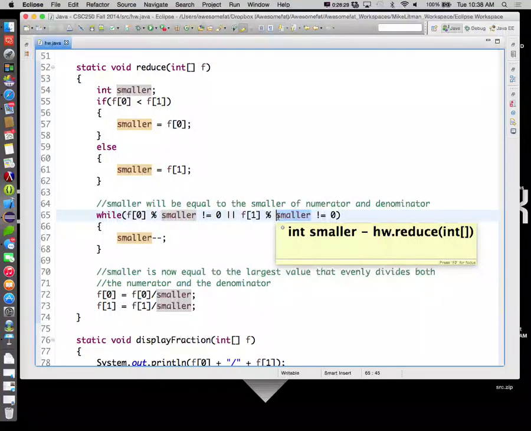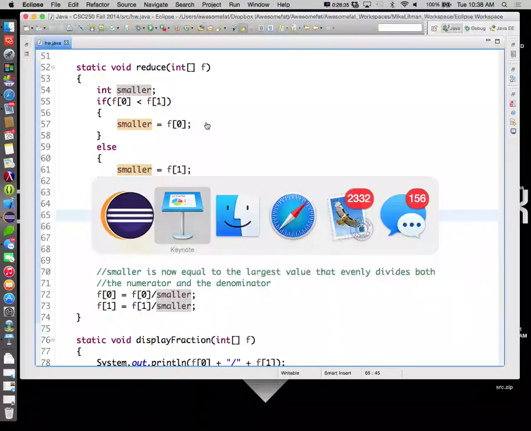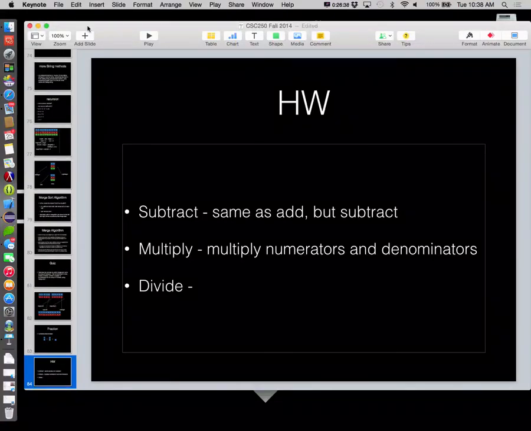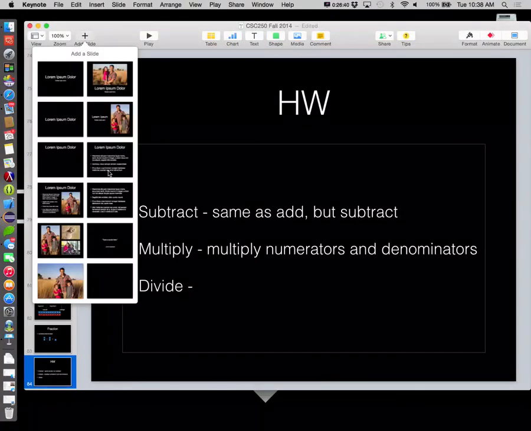Go ahead. Let's give ourselves an example here so we can think through it a little bit better.